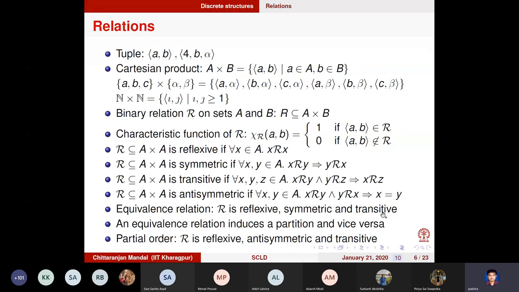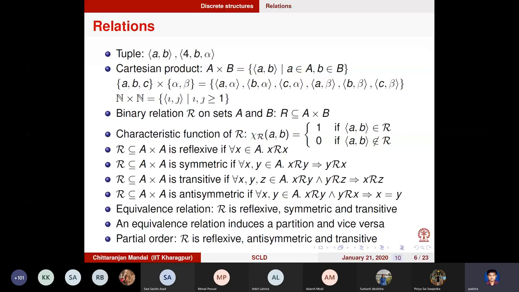In asymmetric, if x is related to y, you completely rule out y is related to x. If AB is there, BA cannot be there. If AB is there and BA is there in antisymmetric, it means A is equal to B. In asymmetry, if AB is there, BA cannot be there.